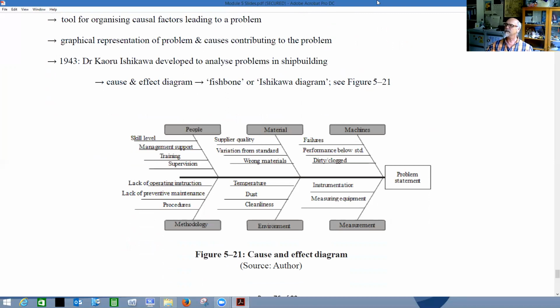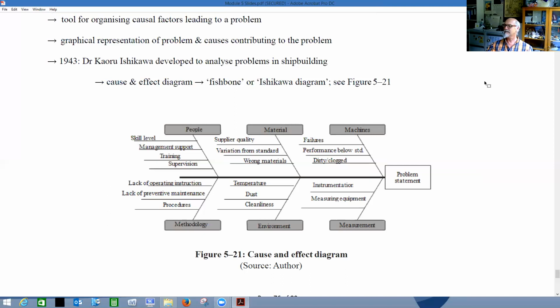So what you start doing is looking at the different characteristics of your people, your staff, the materials that you have, the machines, the measurements that you are using, whether it's online condition monitoring, the environment, how dusty it is, or if it's a hot environment, and the methodology that's being used. As you can see, it could be the lack of operating instructions, so therefore an operator hasn't been properly trained to use this particular device or machinery.